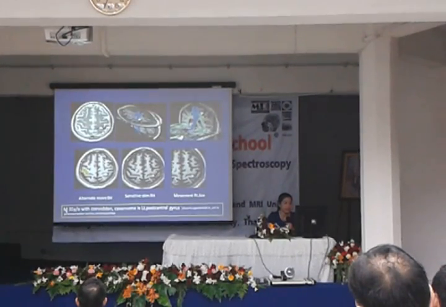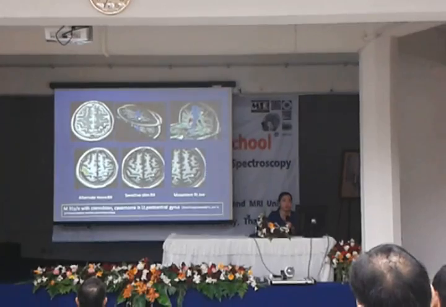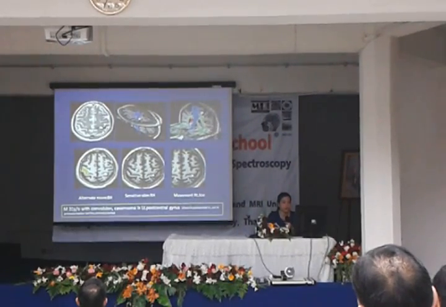For example, in this case, a 31-year-old male with convulsion or seizure, we saw a lesion in the left parietal area. When we asked him to do finger tapping, the signal lit up very close to the region of the motor cortex.